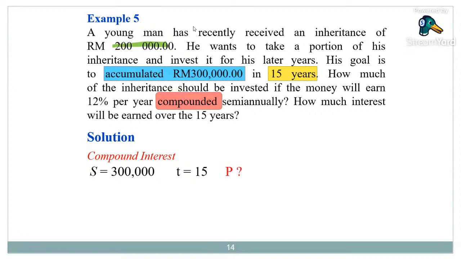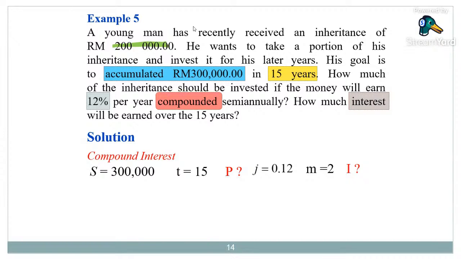So sekarang kita nak tahu what is the principal. If the money will earn 12% per year, so now the J is equal to 0.12 compounded semi-annually. So the frequency will be 2 times per year lah. And then nak cari how much interest will be earned, so dia suruh cari over the 15 years what is the I.